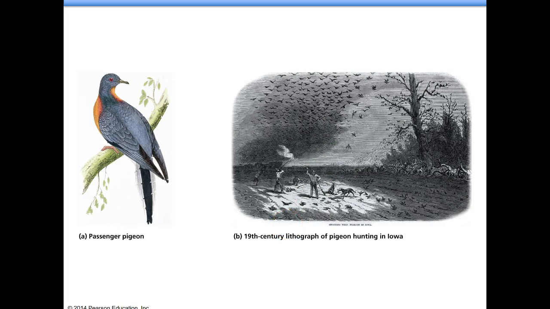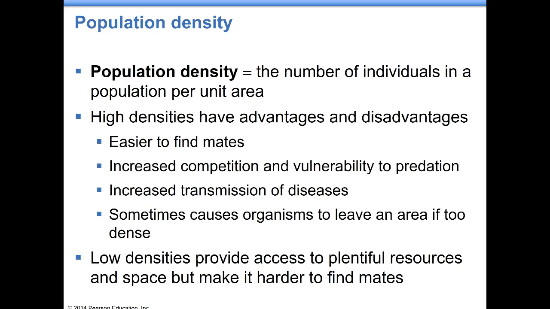And what happened is we hunted and we deforested. We cut down the forest that they live in, and we actually drove this species of birds to extinction. This passenger pigeon does not exist anymore. We have other kinds of pigeons, but this particular one does not exist.